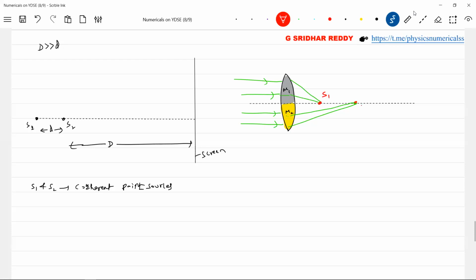I'll call these S1 and S2. Now the primary question: are they coherent? What is the wavelength of light incident on the lens? Lambda. Then what is the wavelength of the light after refraction? Well, the wavelength will change after refraction, no?